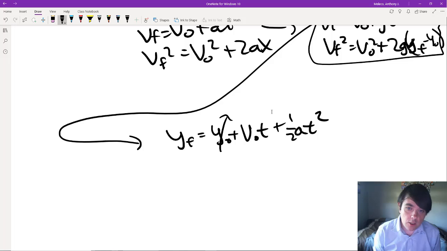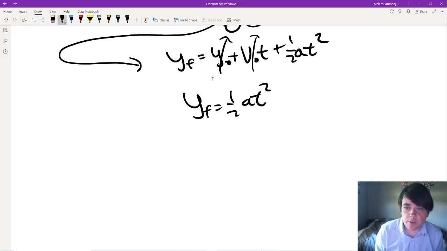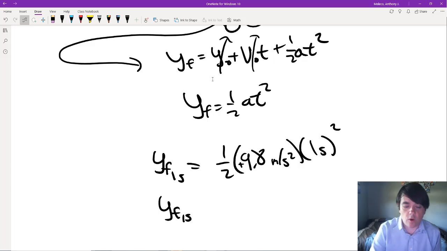So our initial here is 0, right? We're starting at 0. It's being dropped, so that guy's 0. So y final equals 1/2 at squared, where our time will be 1, 2, and 3 seconds. So y final at 1 second will be 1/2 times 9.8 positive, times 1 second squared.